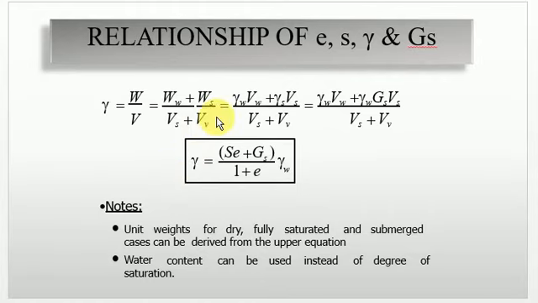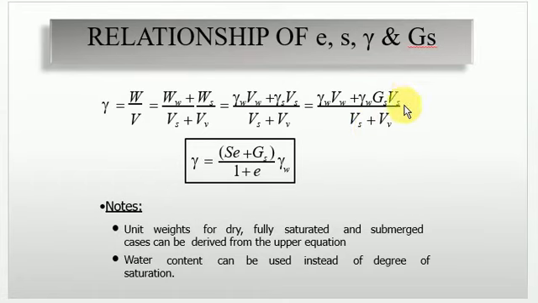As we know, the weight of water is density of water into volume of water, and the weight of solid is density of solids and volume of solids, divided by Vs plus Vv. Now the density of solid will become density of water into specific gravity of soil solid. So the equation will be gamma W into Vw plus gamma W into G into Vs divided by Vs plus Vv.